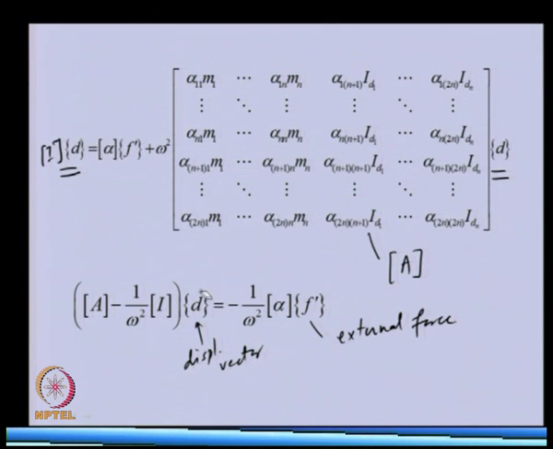You can see, if we want the forced vibration to be solved, if we know the external force in the system, we can get the displacement by inverting this matrix.